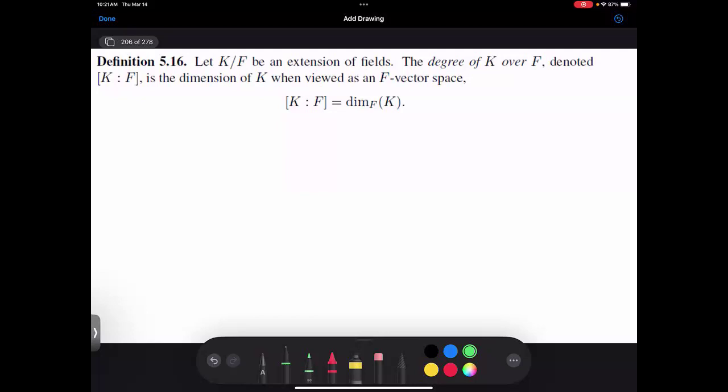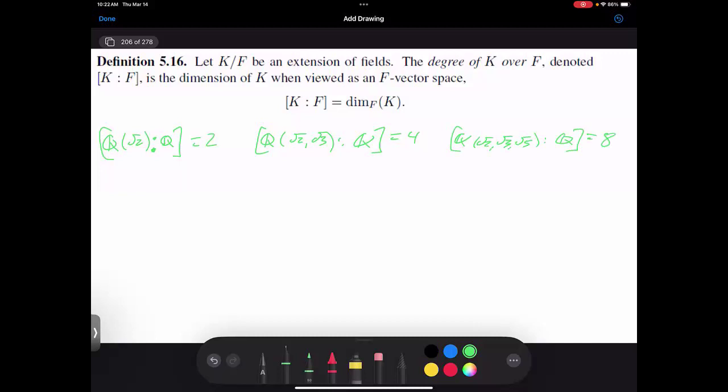And what we were saying was we were looking at Q(root 2). The degree of that over Q is just 2. And it's looking like Q(root 2, root 3) over Q was equal to 4, and Q(root 2, root 3, root 5) over Q was 8.